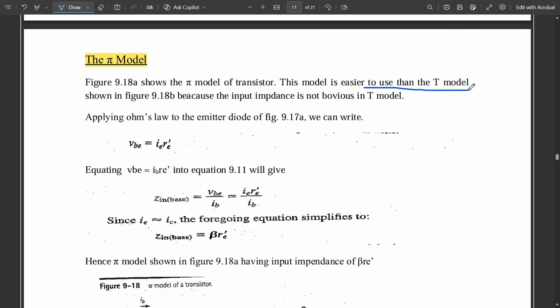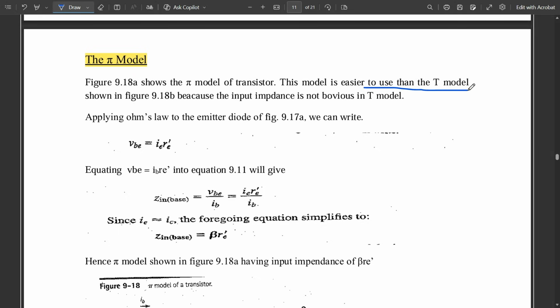In the exam, most of the time they would definitely be asking to write the AC equivalent circuit of the VDB circuit, or the two supply emitter bias circuit, collector bias circuit, base bias circuit. Sometimes they might be asking to draw the AC equivalent circuit, and most people, while drawing it, would prefer the pi model over the T model.